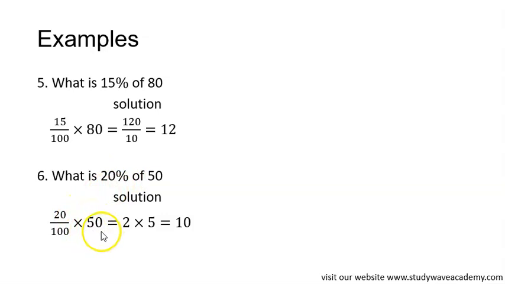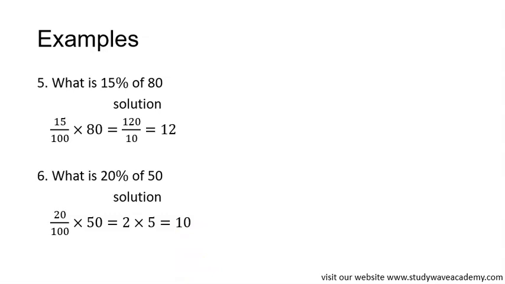Remember, there's an invisible one over here to make it a fraction, okay? So we have 0 cancels 0, and another 0 cancels 0. So we are left with 2 times 5. 2 times 5 is 10. So 20% of 50 is 10. Okay? Our answer is 10. Do you understand that?